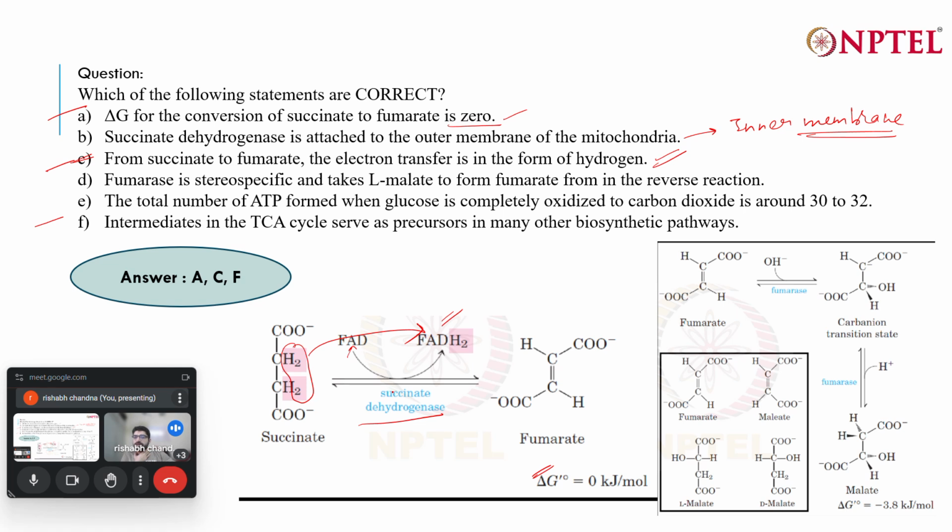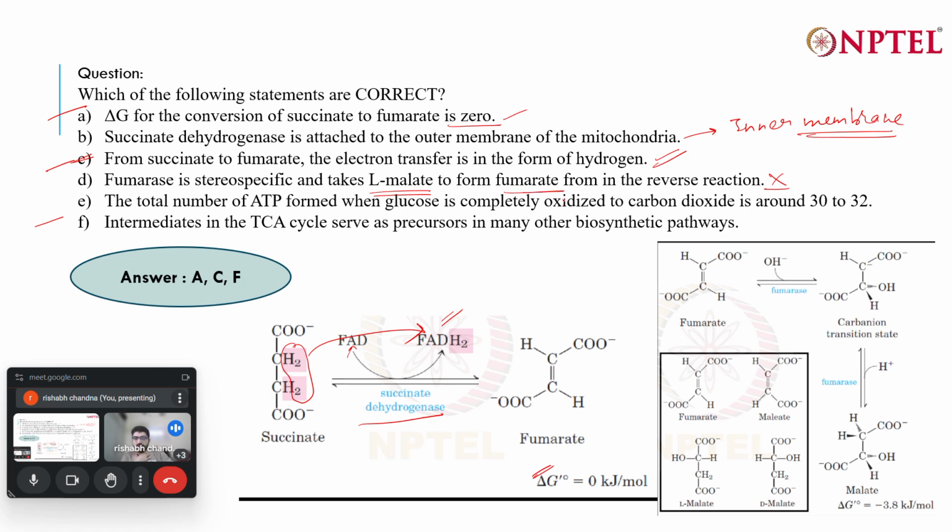Okay. Fumarase is stereospecific and takes L-malate to form fumarate in the reverse reaction. Okay. So, no, this is false. Because actually it takes D-malate to form fumarate in the reverse reaction.